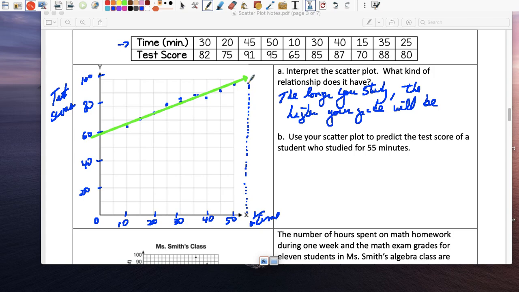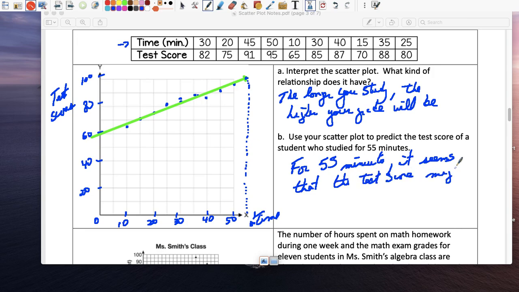So if you study for 55 minutes, according to this, it seems that the test score might be 100. Okay. And this is a strong positive. Okay.